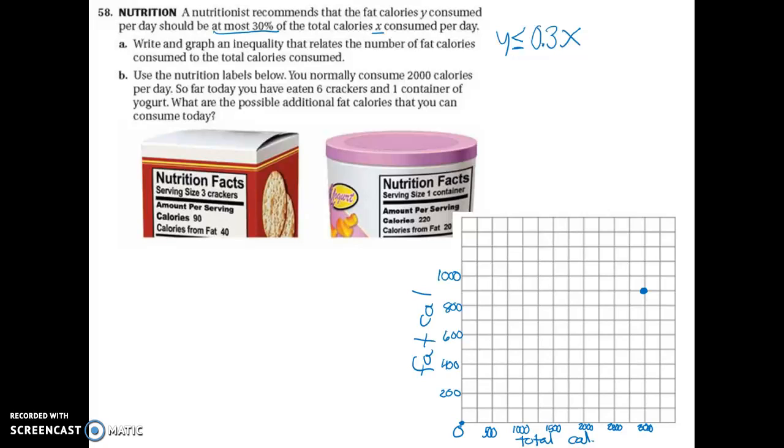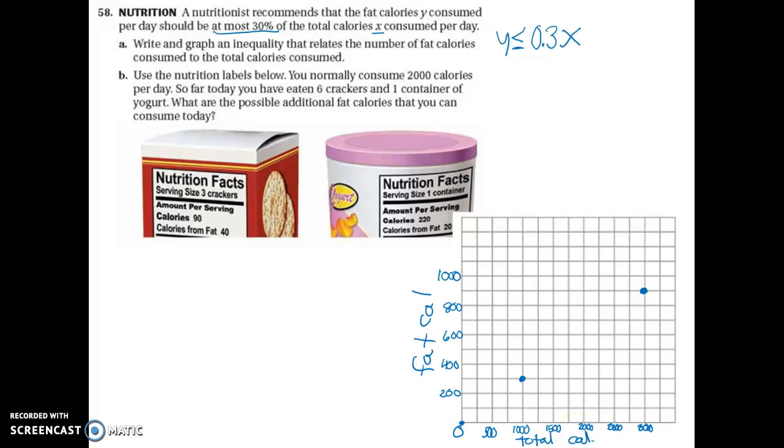So the next thing I need to do with this equation is put values in for X, figure out what they are, and plot those. So 30% of 1,000 I know is 300. It's pretty easy to plot. The more points I get, the easier it's going to be to draw the line, but I only really need 3.